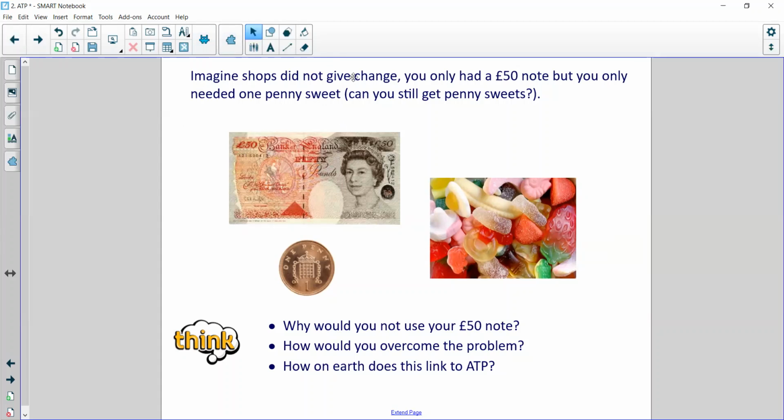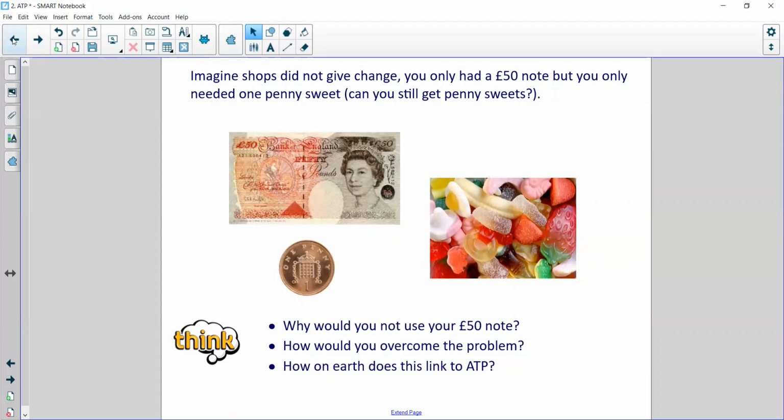Well, if the shop doesn't give change, then you have just lost £49.99, all for a 1p sweet, which doesn't really make any sense. So perhaps it might be simpler to not use the £50 note. Instead of using that, have lots of 1p coins, and you can spend them as and when you need, or perhaps pound coins or something like that.